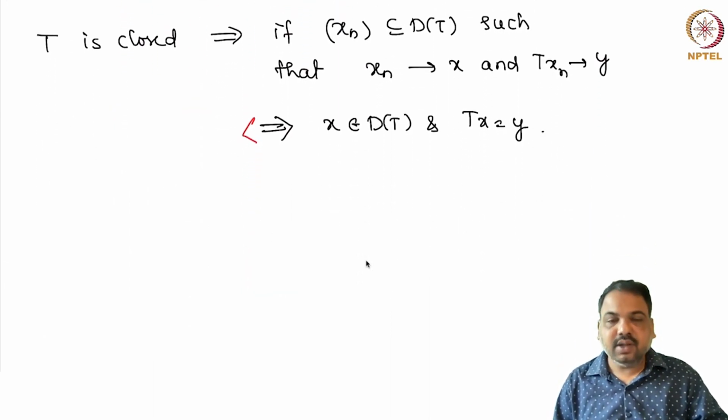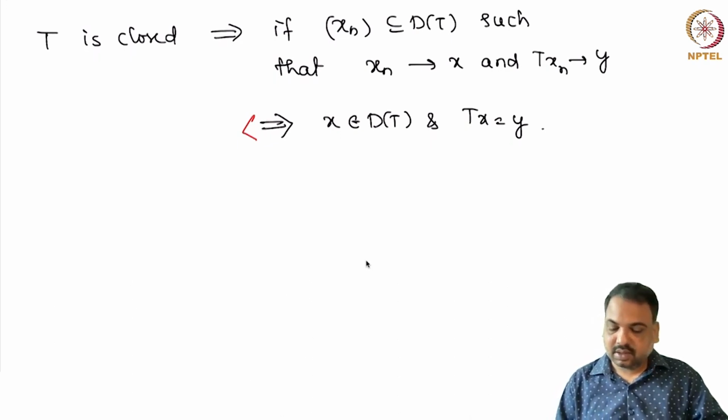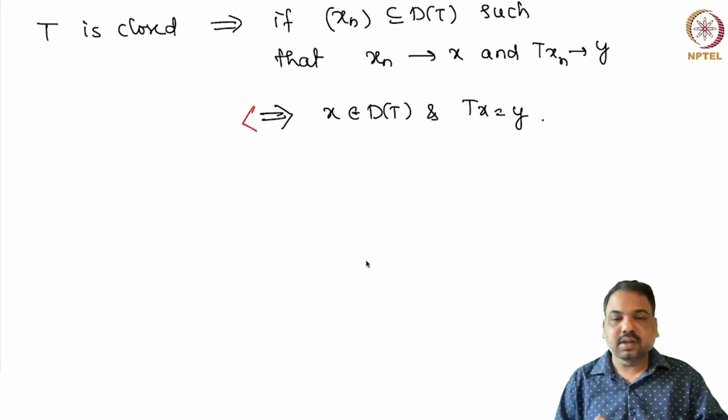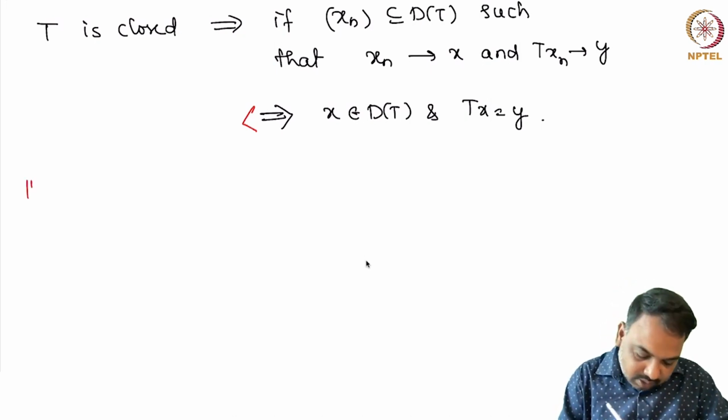Okay, so now we want to ask what is the difference between a closed operator and a bounded operator. The difference is given by the closed graph theorem, which we already know.